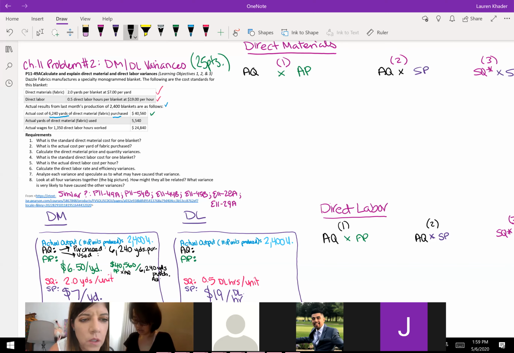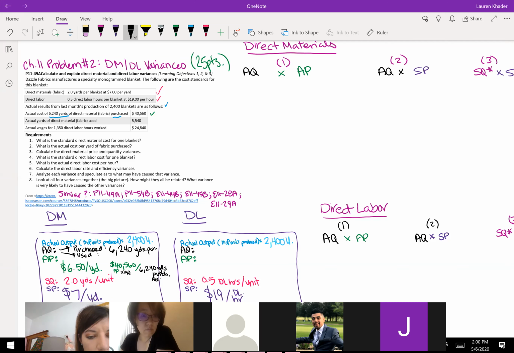For actual yards of direct material used, the 5,540, what is that? The used portion of actual quantity. Correct. So actual quantity used, 5,540 yards used.